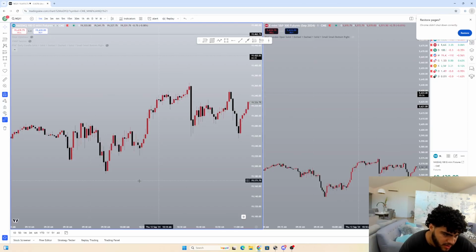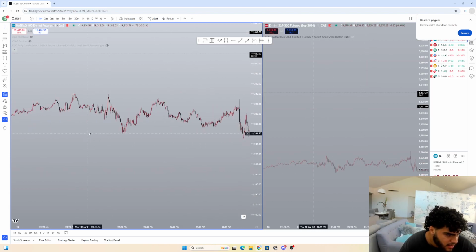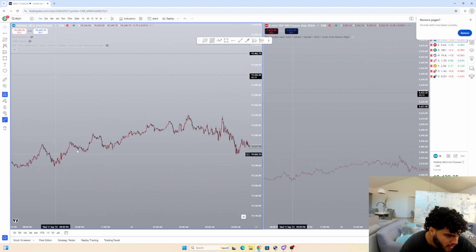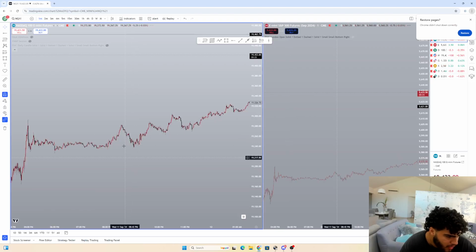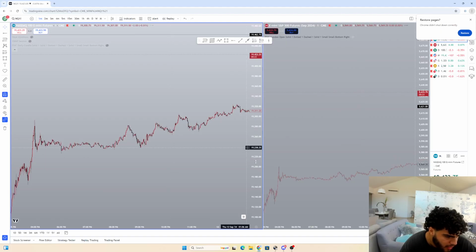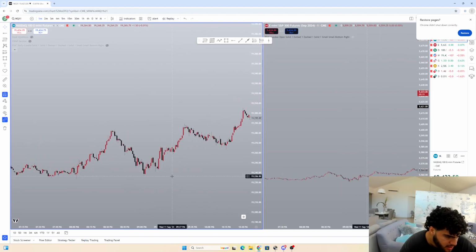So let's find a bullish example. We've only been going down, so it's kind of hard, but yeah, this entire price leg is technically the breaker, but me personally, I'm only paying attention to the candle right here.